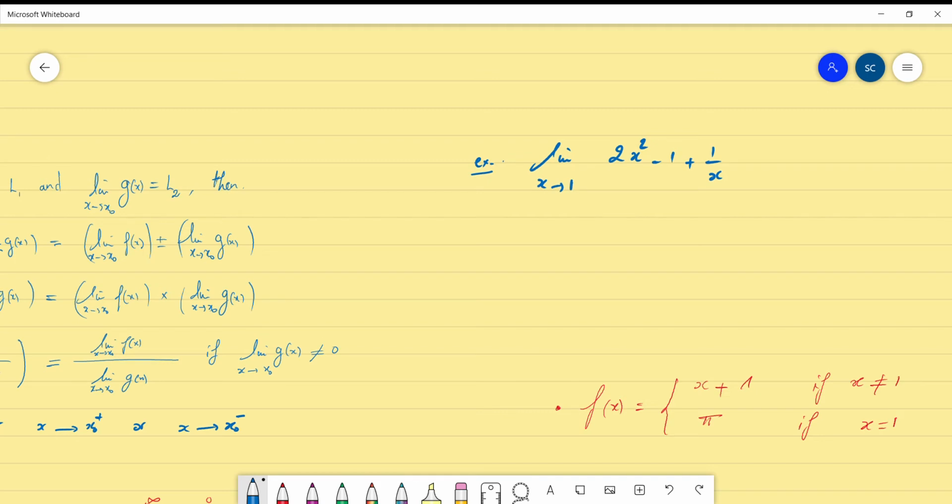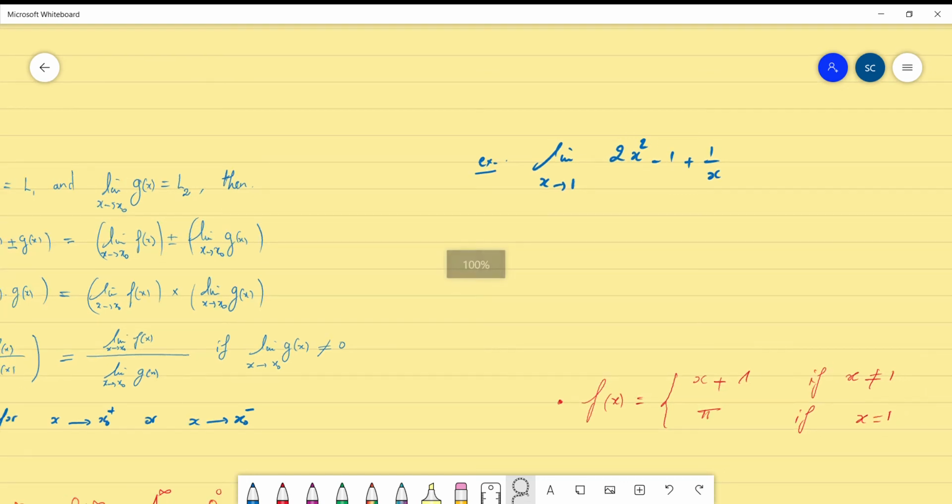So I look at my function, and I can look at it as a sum of three functions. A product of a constant function times a polynomial x² power function, add a constant, then plus 1 over x. So a ratio of two functions also.